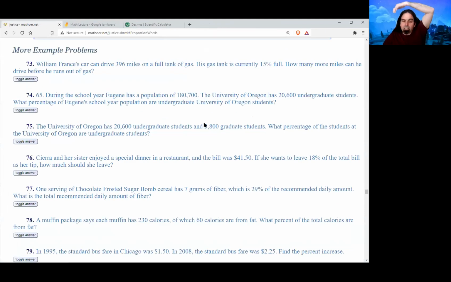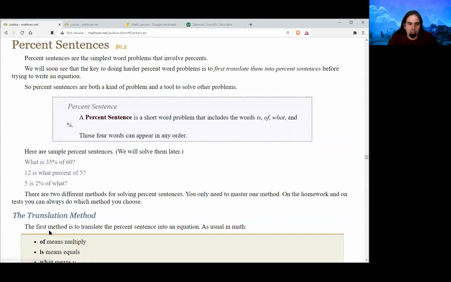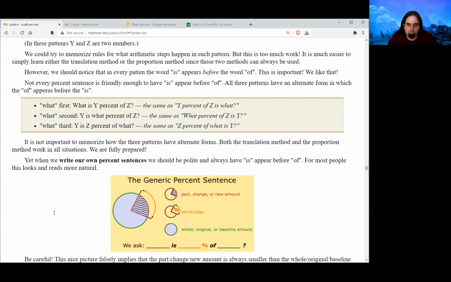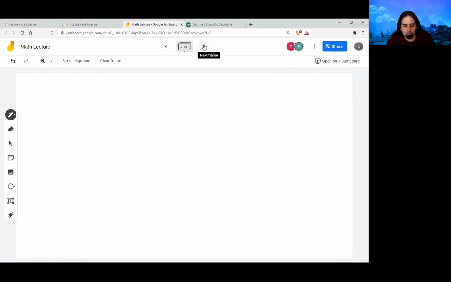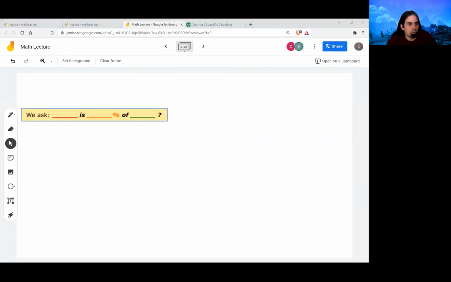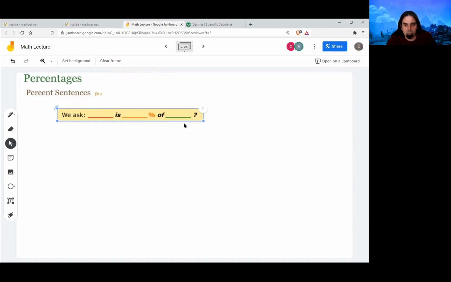So we talked about percent sentences and how they are kind of like Mad Libs problems. We could always write things with the thing that looks like this: blank is blank percent of blank.